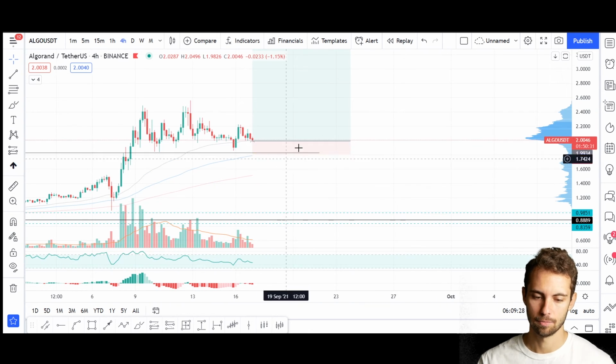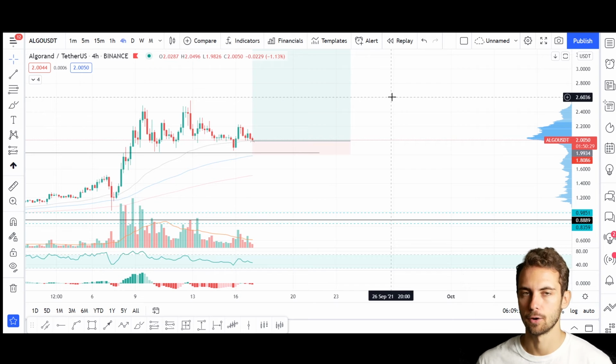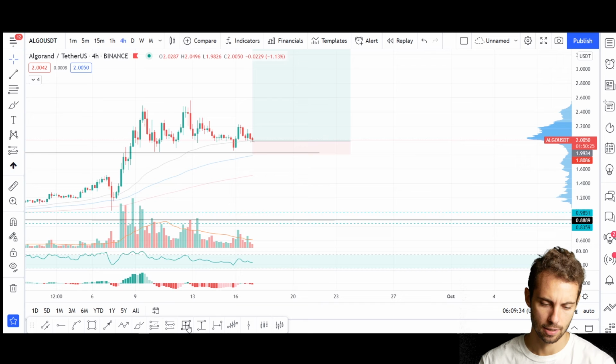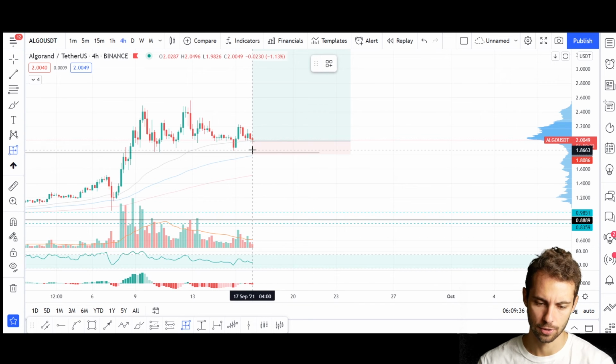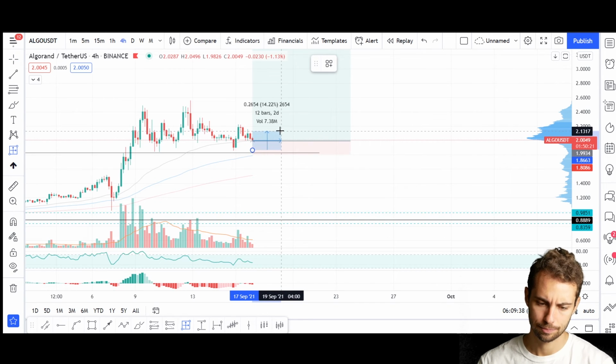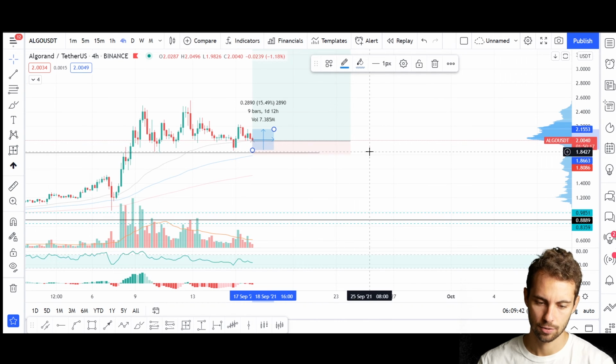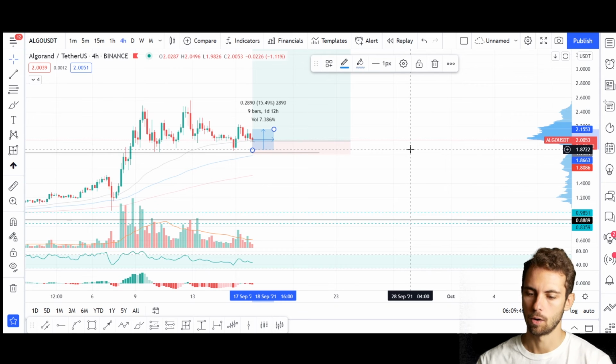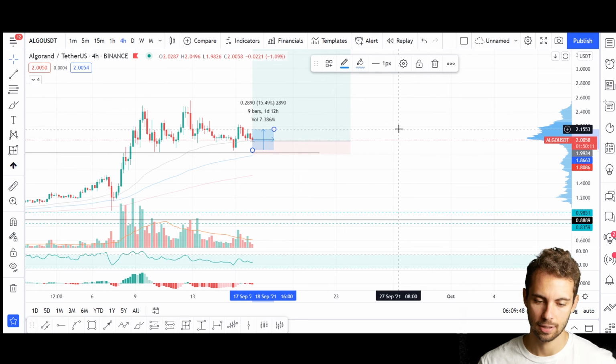If you are looking for an even more profitable trade than the one I have pointed out, we can get an area of entrance right at this level at 1.87 and limited to the upside at 2.15.